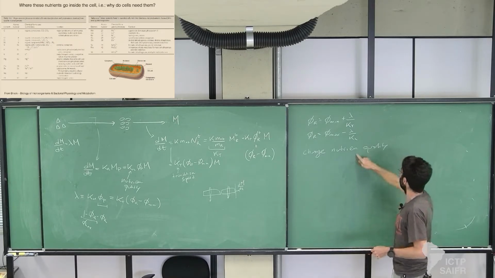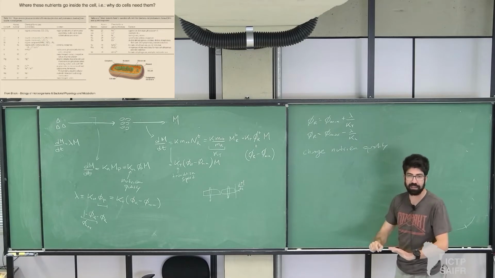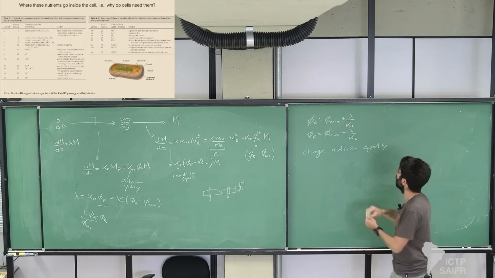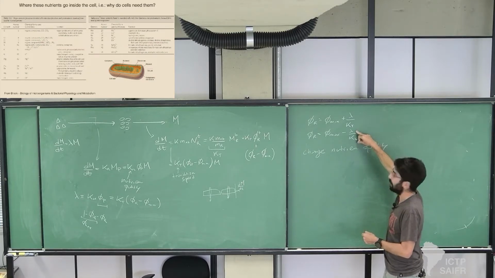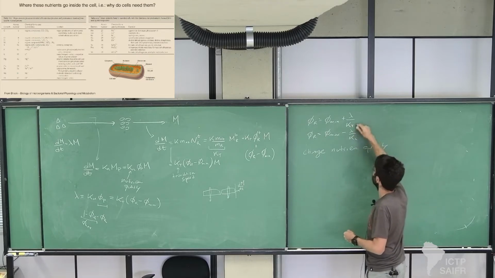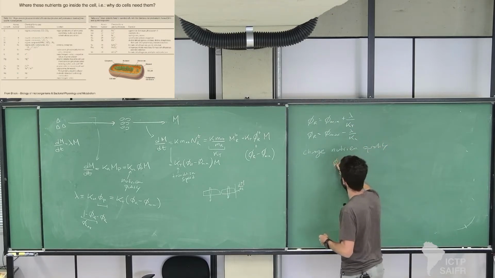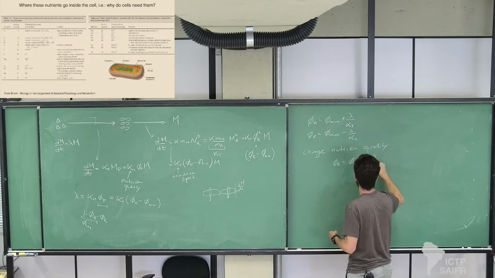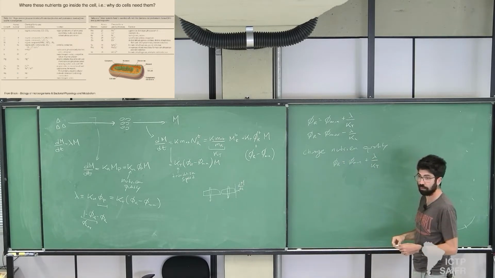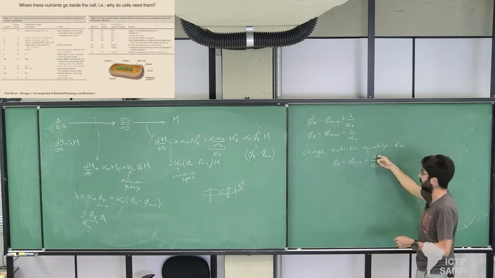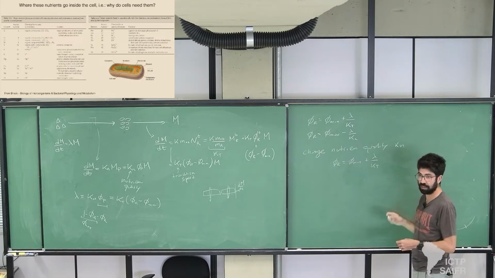Now, if I change only nutrient quality, and the translational capacity, so how good cells are at translating, is constant, then Kn is changing, lambda is changing, so this is complicated, but Kt is constant, right? So in that case, I expect that phi r will be equal to phi min plus lambda over Kt, okay? Because the nutrient quality is changing, so Kn is changing and lambda is changing, but they are in this relation.